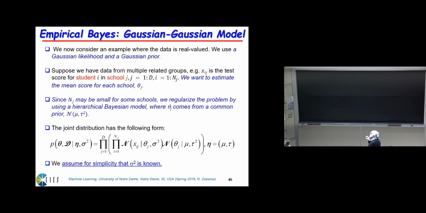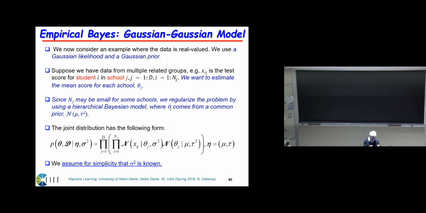You notice here, we have a product for each school. We have nj students, and these are univariate Gaussians, right? So for each school, we have nj students, okay? And our interest is really to calculate theta j.